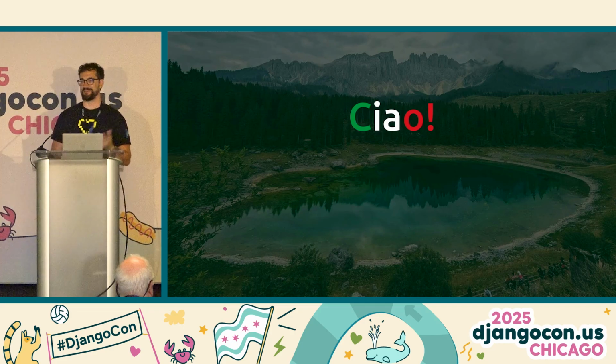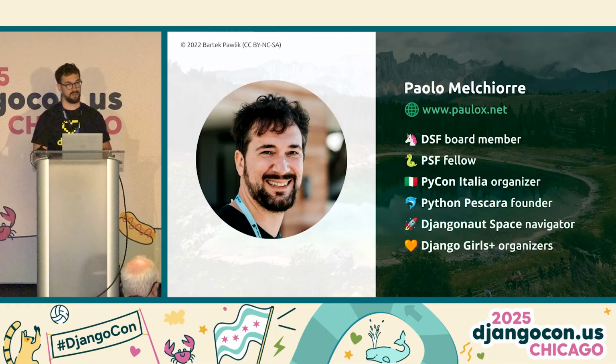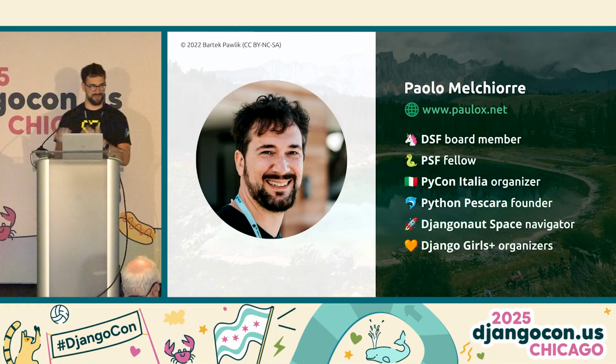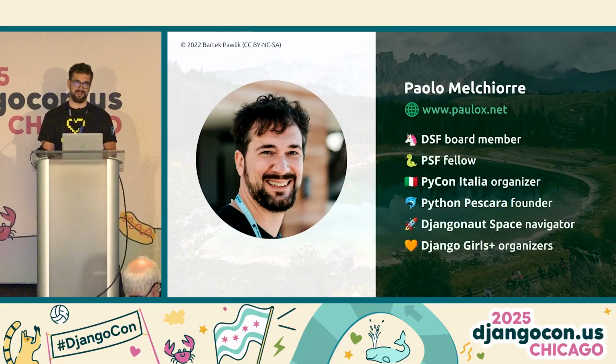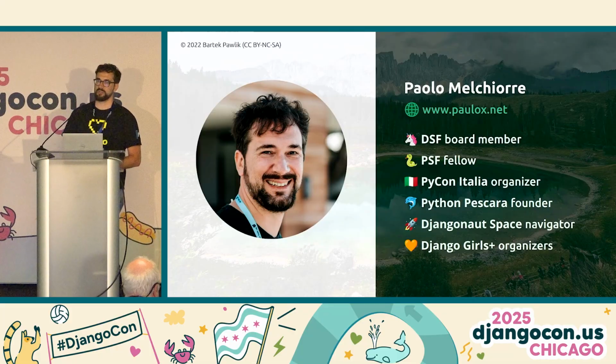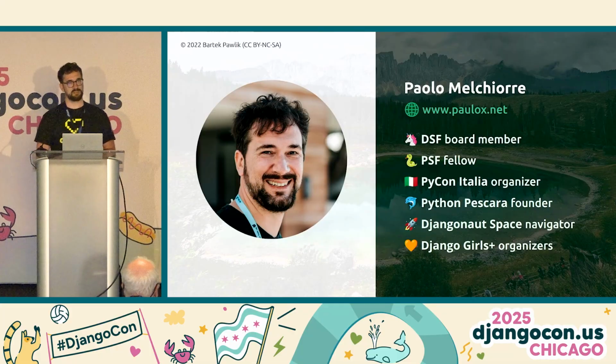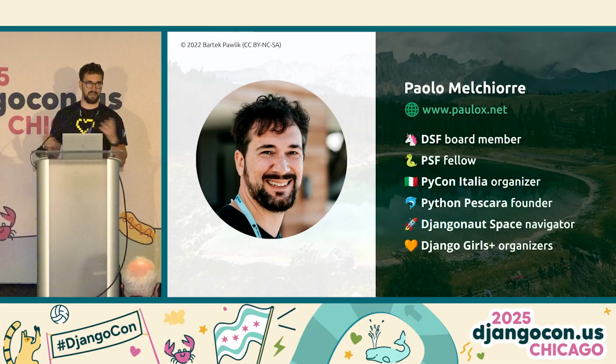If someone doesn't know me, I'm Paolo Melchiorre. I come from Italy, as you can tell. I've been a Python developer for a long time now, and I'm active in the Django community. Right now I'm on the board of the DSF, and I contribute in some different ways.